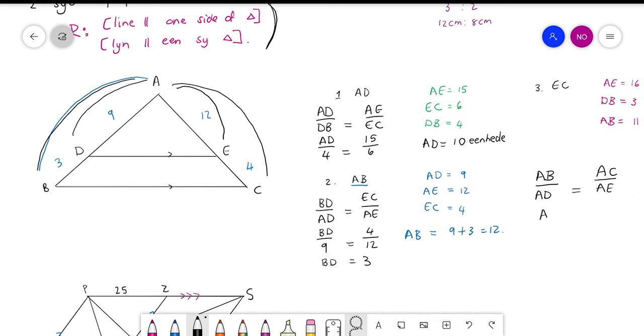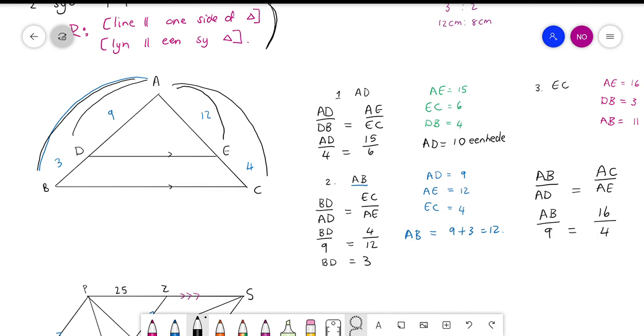So then I have AB over 9 is equal to AC will be 16, 12 plus the 4, over 4, and if you calculate that, then you get samesies.